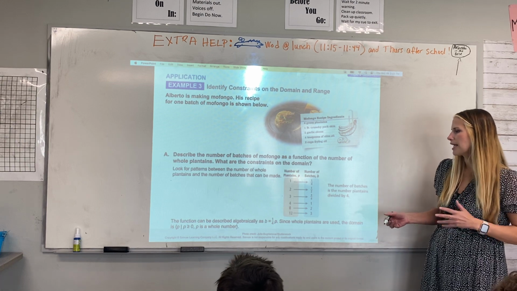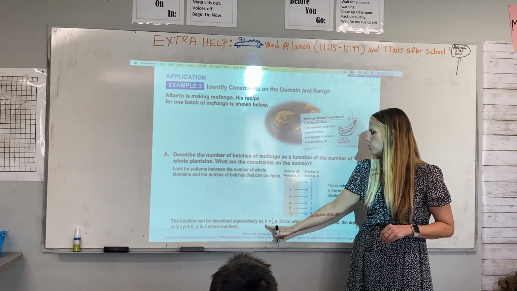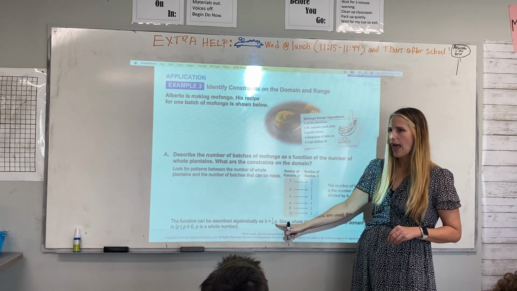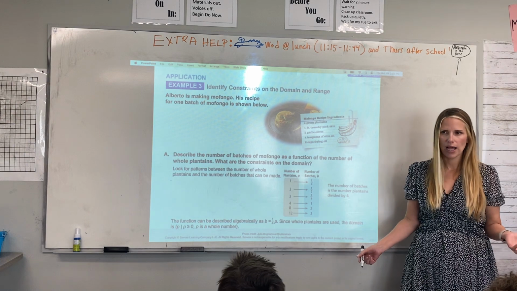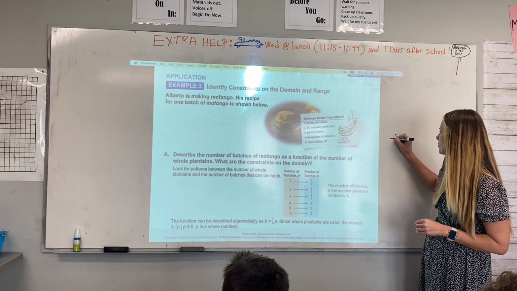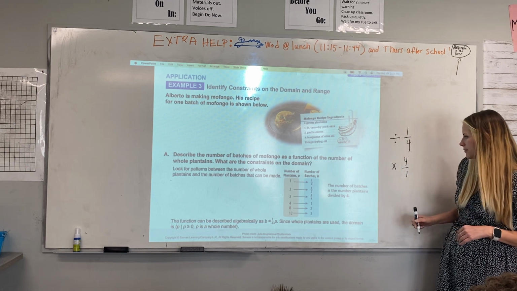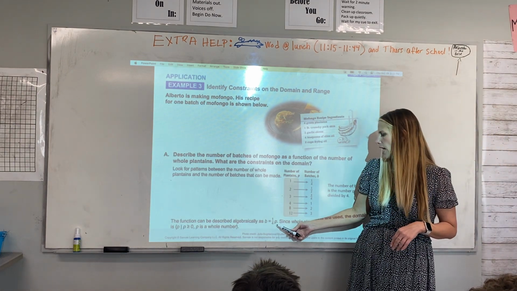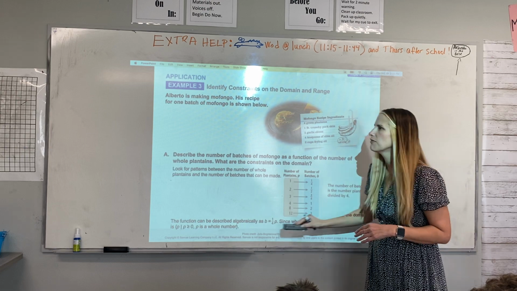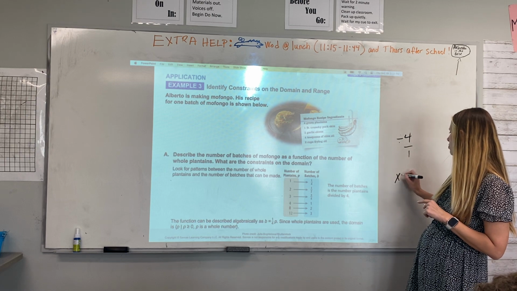Okay, so what we're noticing is that the function, the relationship here, is to get your number of batches, all you have to do is take your plantains and divide by 4, also known as multiply times a 4th, because dividing by 4 is the same thing as multiplying times 1/4.